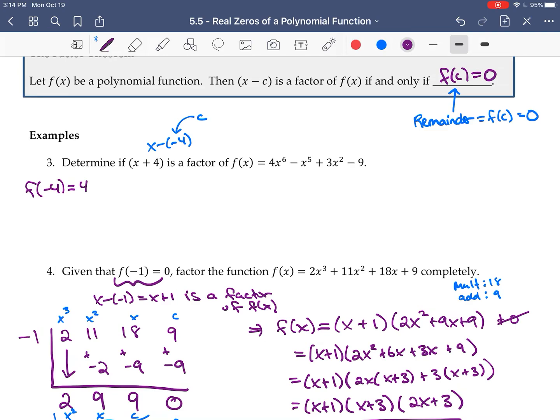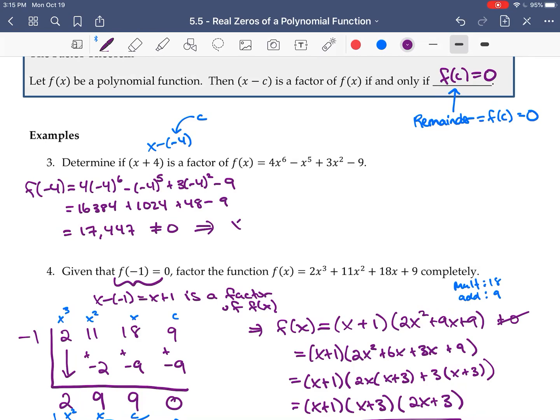That's 4 times negative 4 to the 6, minus negative 4 to the 5, plus 3 times negative 4 squared, minus 9. That is 16,384 plus 1,024 plus 48 minus 9, so we end up getting 17,447, which is definitely not equal to 0.